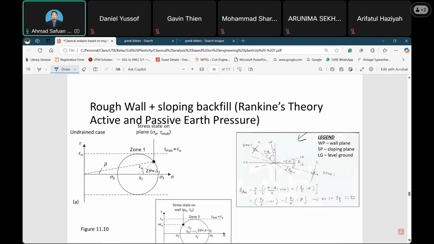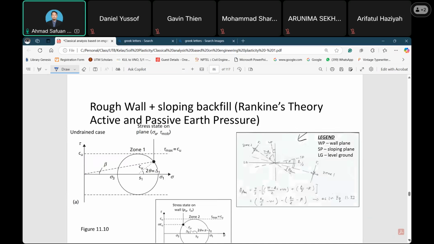As a result, the theta fan should be modified to delta 2 over 2 minus W minus delta 1 over 2 minus beta. So we can get the theta fan on this diagram.